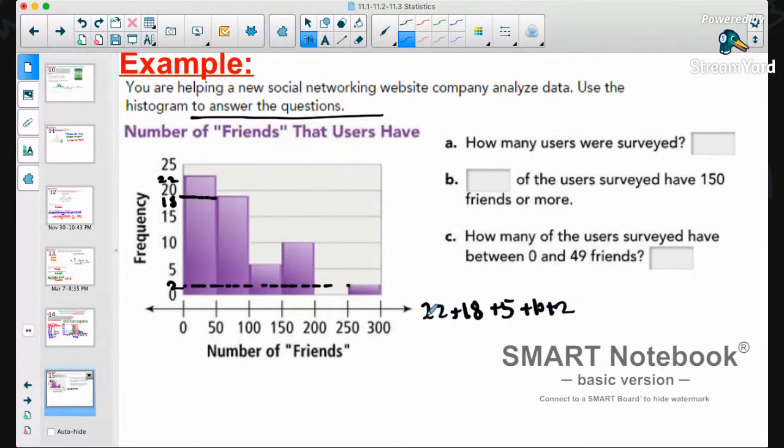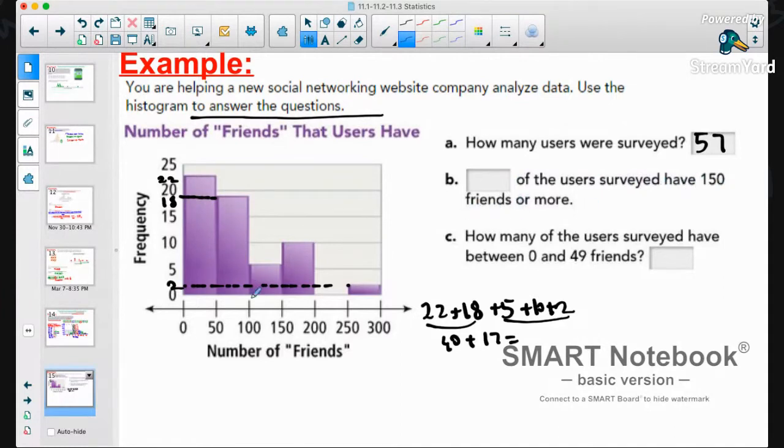So 22 plus 18 is 40. 5 plus 10 plus 2 is going to be 17. 40 plus 17 is going to be equal to 57. So how many users were surveyed? 57.